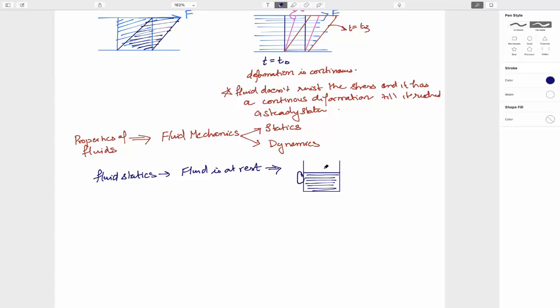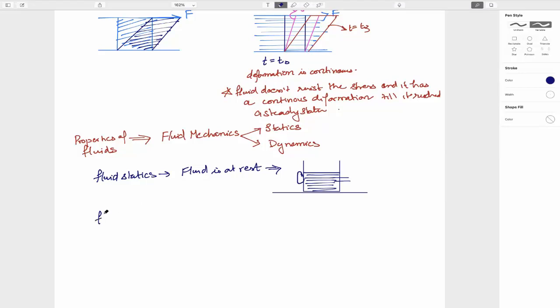That is the basic assumption, and if you are not moving it, then it will remain at rest. We need to study what different forces are applicable at different areas as you move along the height, and what the pressure is in the horizontal or vertical direction. All of those things come as part of fluid statics.